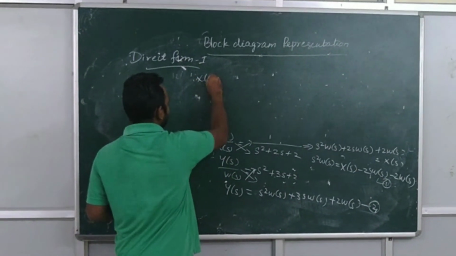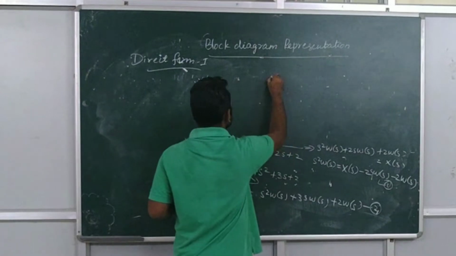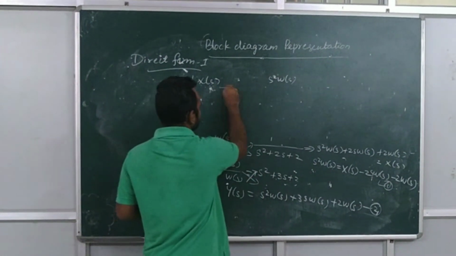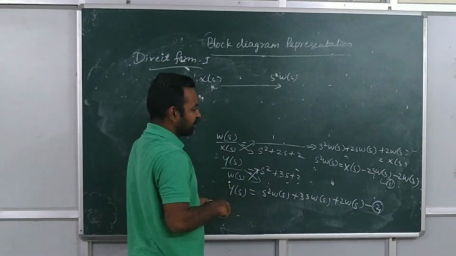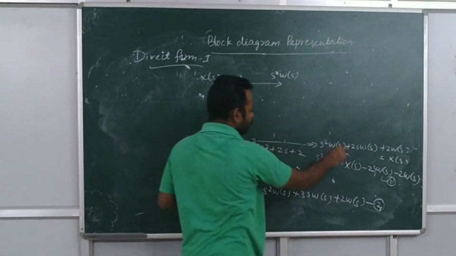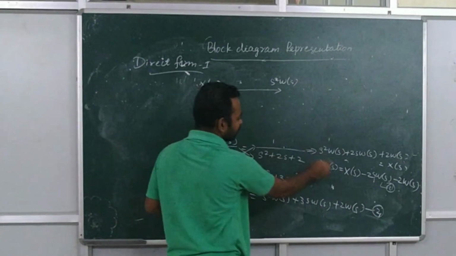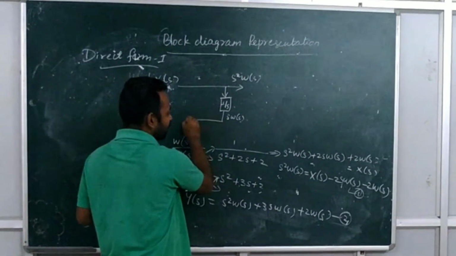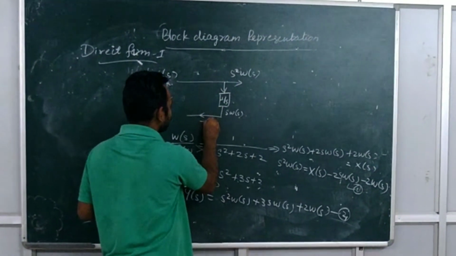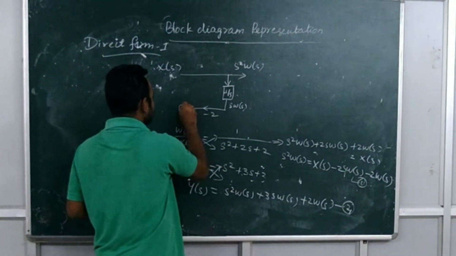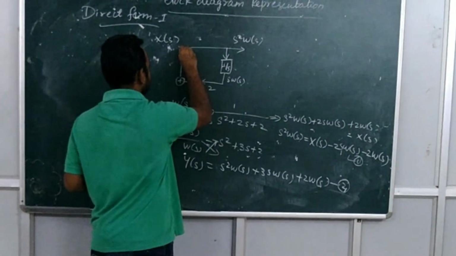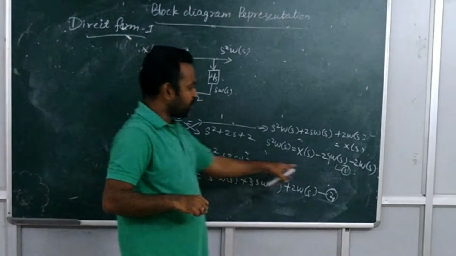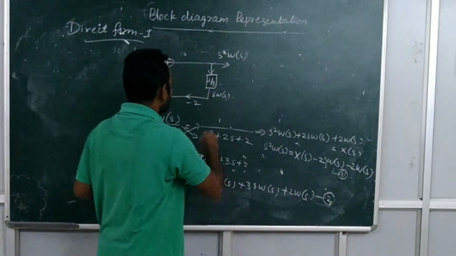Your input is X of s and output we are considering as s square into W of s. So it is coming like this. So s square W of s, X of s, from there you are getting 2s W of s. But here your magnitude is minus 2 and it is added with X of s. Here also we are looking at an adder. And the next point, it is minus 2 into W of s.